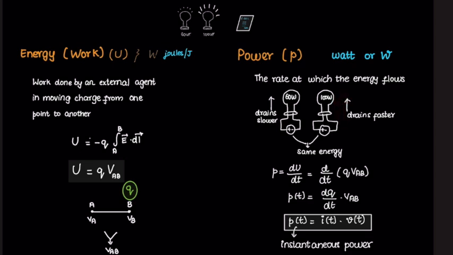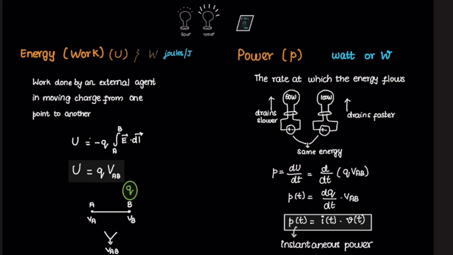The more wattage you use, the faster the energy drains. This is why we get higher bills for our air conditioners compared to our fans: fans have lower wattage requirements, while an air conditioner requires higher wattage.